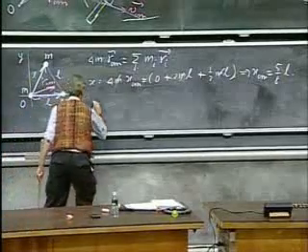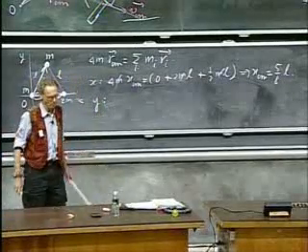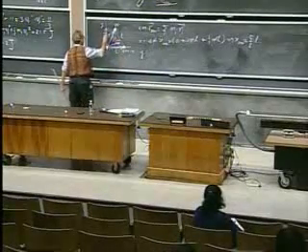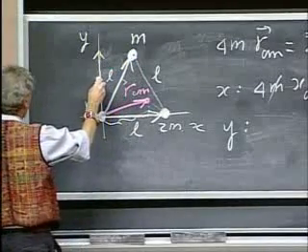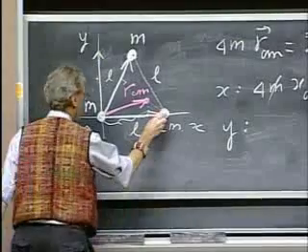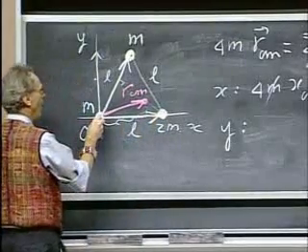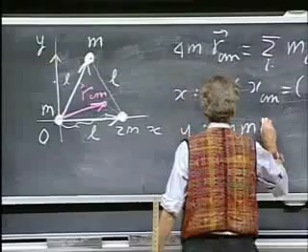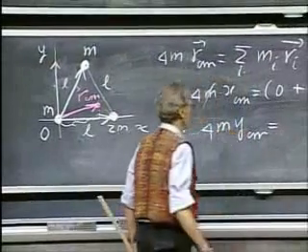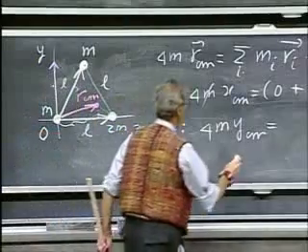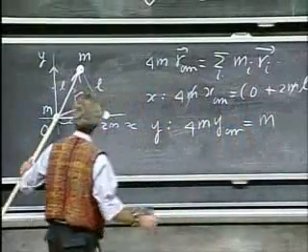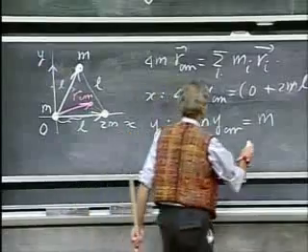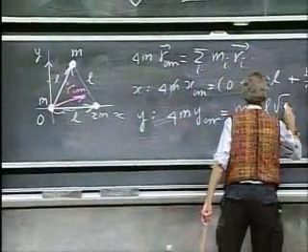Now in the y direction, you can do exactly the same. You can split it up into the position vector of this object, which is 1/2 L square root 3. This one has no y component, and this one has no y component. So this is very easy. You're going to get that 4m times y of the center of mass equals this mass m times the y component of that position vector, and that is 1/2 L square root of 3.